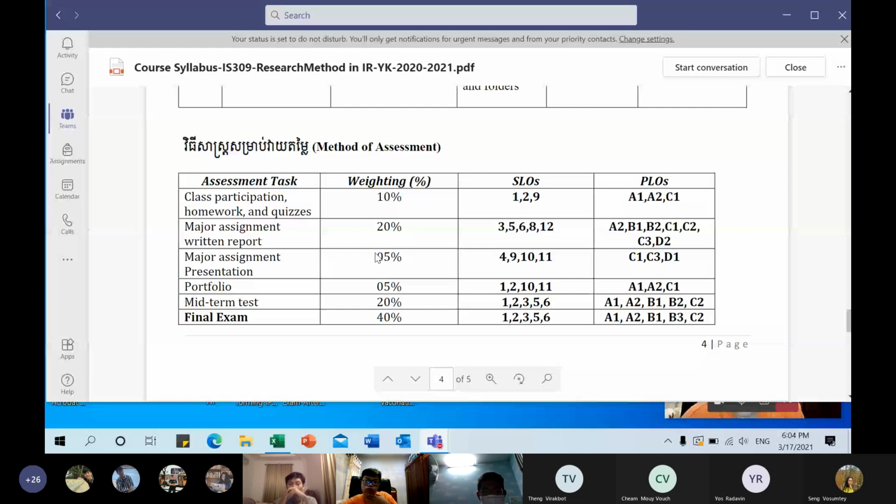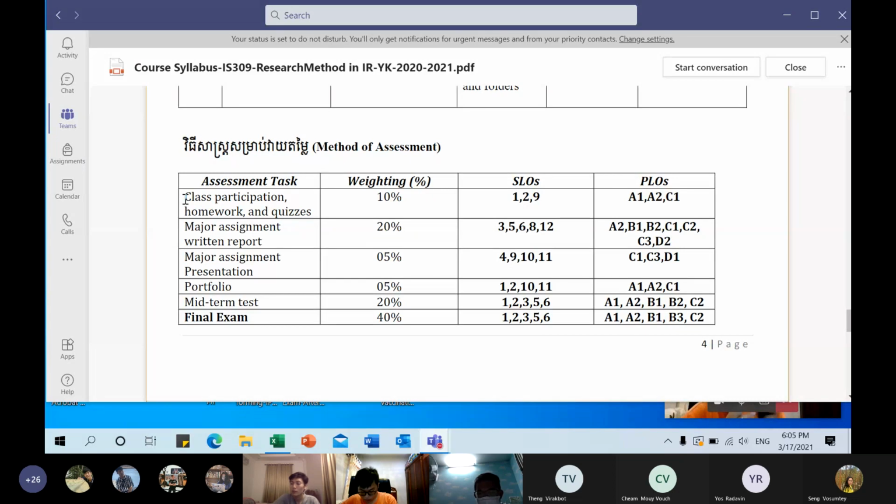Portfolio here, you keep a folder and you keep record of what you study. For example, today, if I ask you to develop 5 research questions, you can write down the 5 research questions in a Word file or PDF file, and then you keep it in the folder, right?